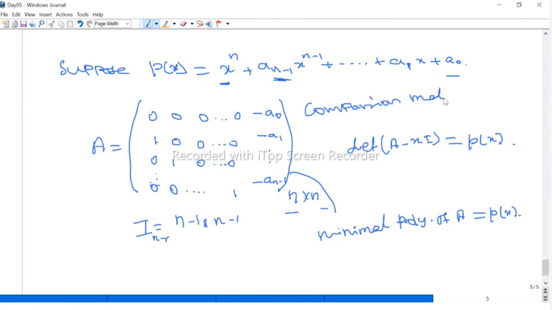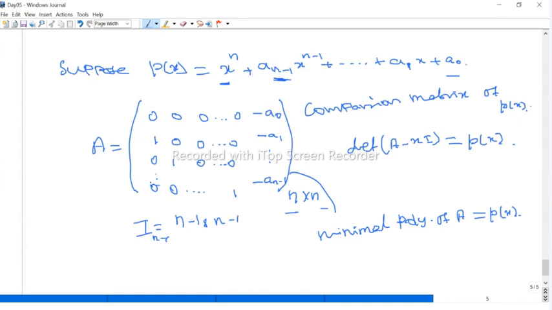Companion matrix of a polynomial. So companion matrix of the polynomial P of x. Given any nth degree monic polynomial, we can find an n by n matrix whose minimal polynomial as well as characteristic polynomial is also P of x.